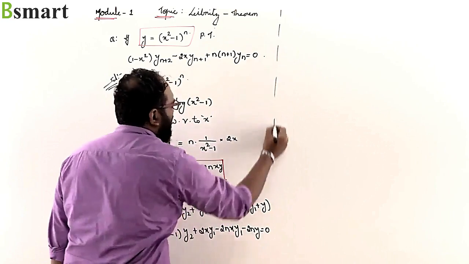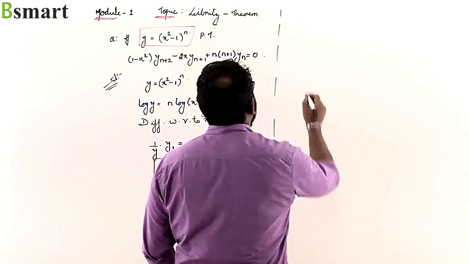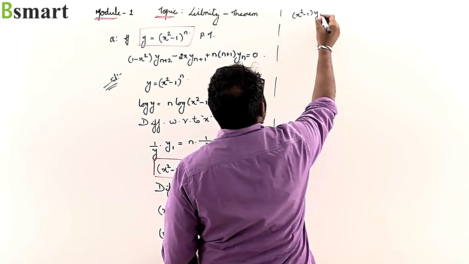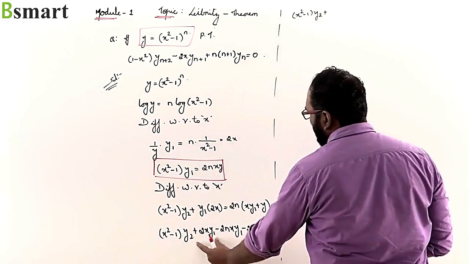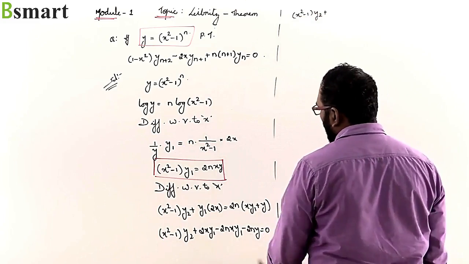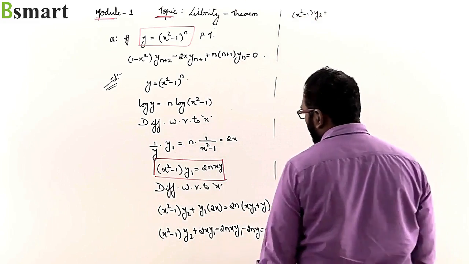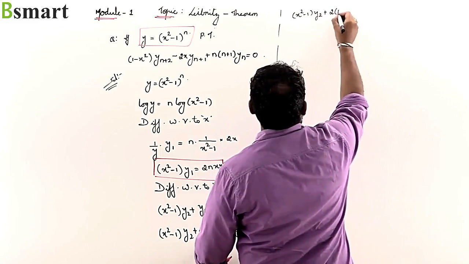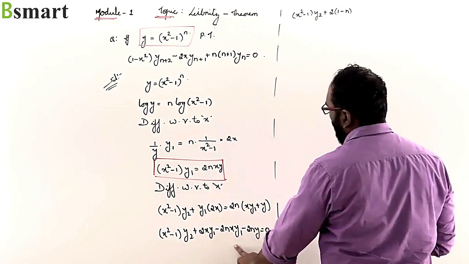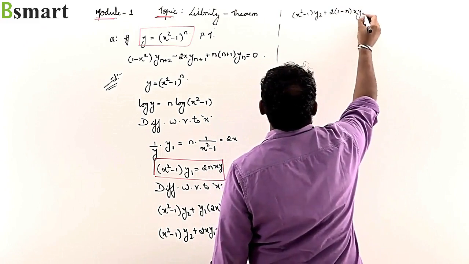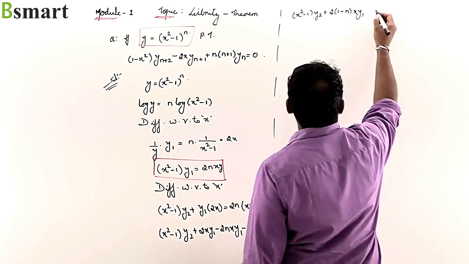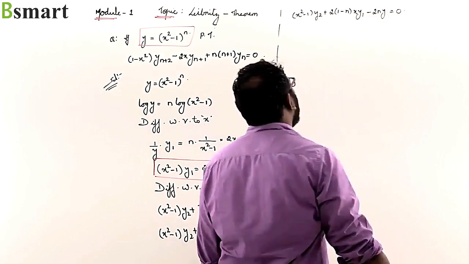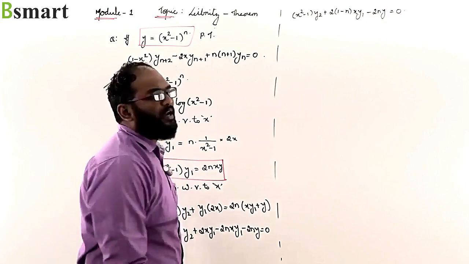So then (x² − 1) y₂ plus, from these two terms I will take 2x y₁ common, that is 2(1 − n) x y₁, minus 2ny equals 0. So this is the relation between y₁, y₂ and y.